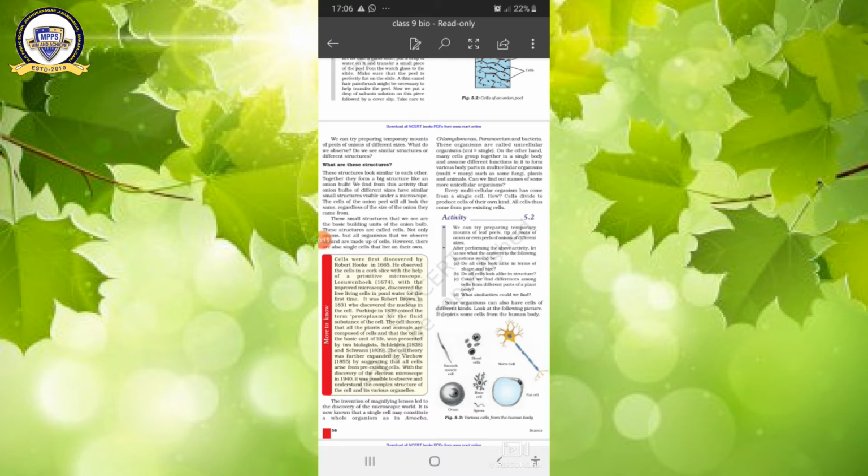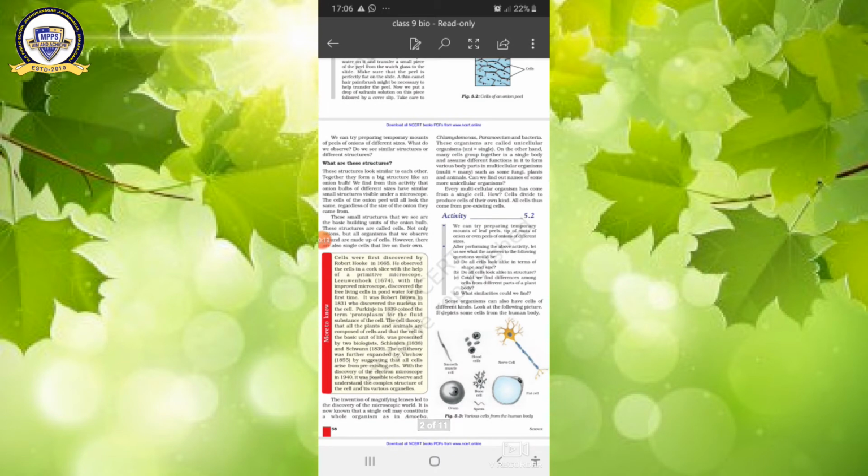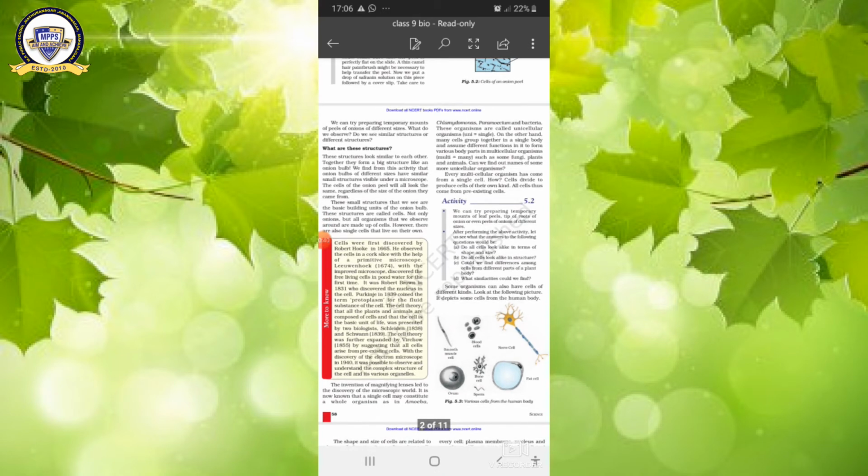So our next point is, what are these structures? These structures look similar to each other. Together, they form a big structure like an onion bulb. We find from this activity that onion bulbs of different sizes have similar structures visible under a microscope.